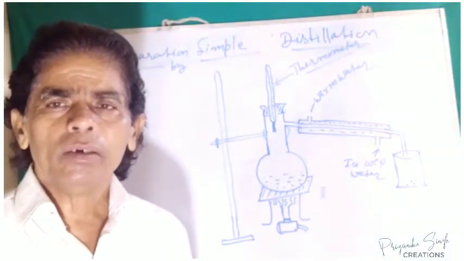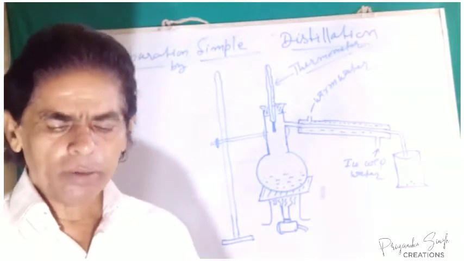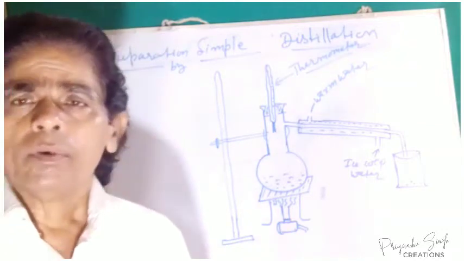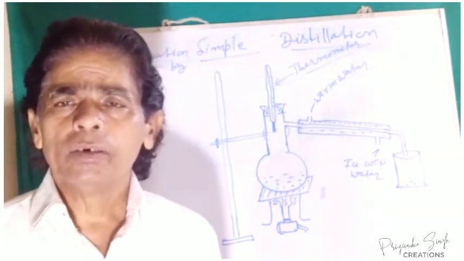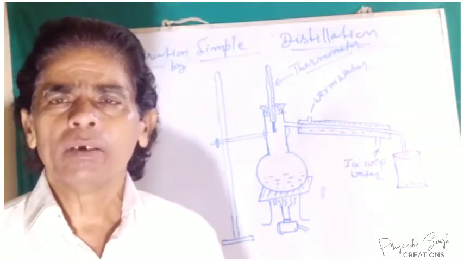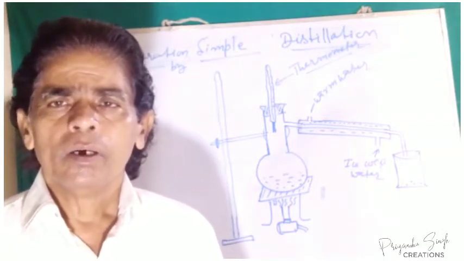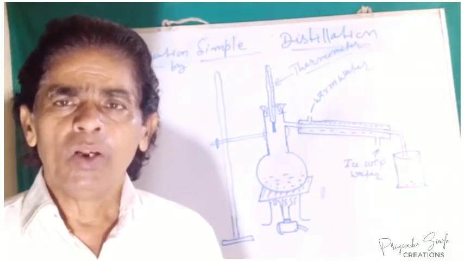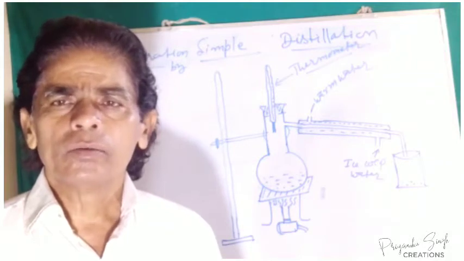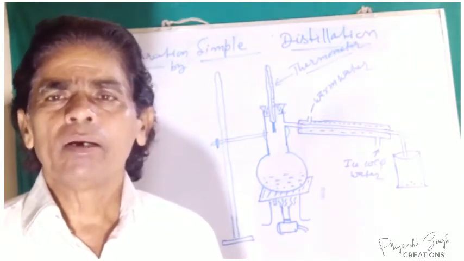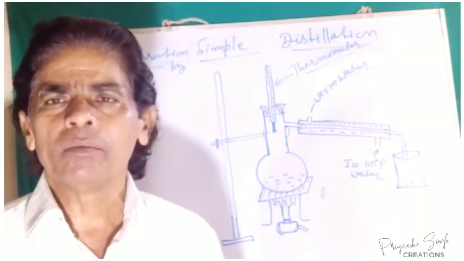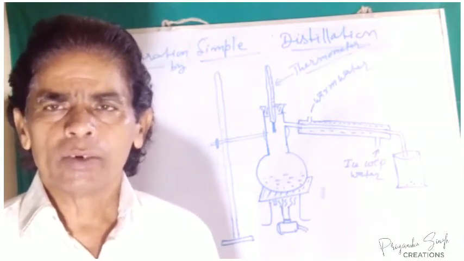We have already told you that when the difference in the boiling points of the liquids is below 25 degrees Celsius, they can be separated by fractional distillation, and if more than this, they can be separated by simple distillation.